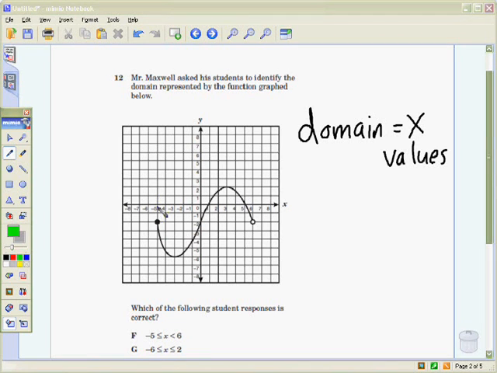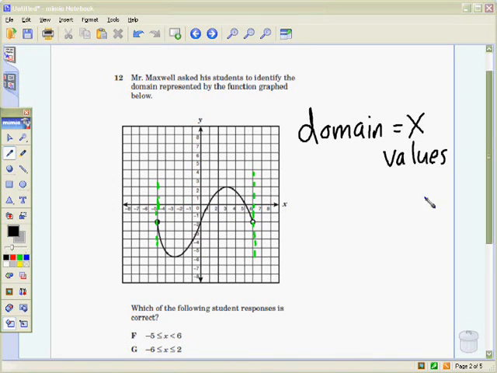So if I look at the far left side, my x value is at -5. If I make that little vertical line straight up and down, you'll see that that will not go past this line to the left. And on my right side, it's going to be +6. So I'm dealing with x values from -5 to +6.